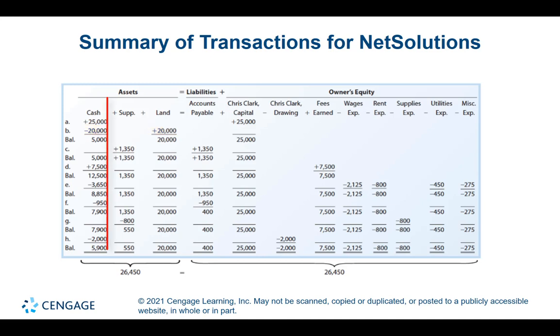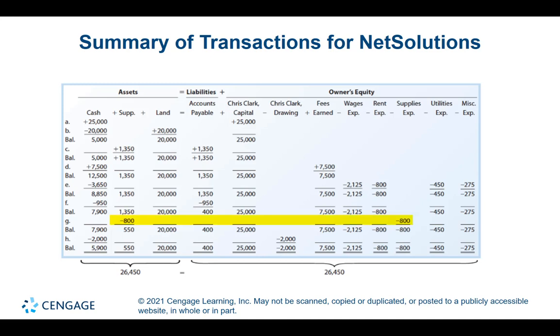Supplies, that's a prepaid expense. It's called prepaid expense, quote unquote expense, but it's an asset account. When it's purchased, the supplies balance increased by $13.50. However, it's really going to stay there until it's used up, and when it's used up, it becomes an expense.